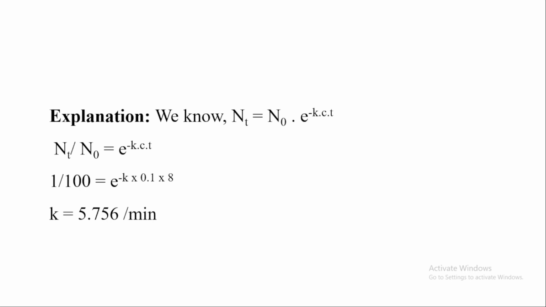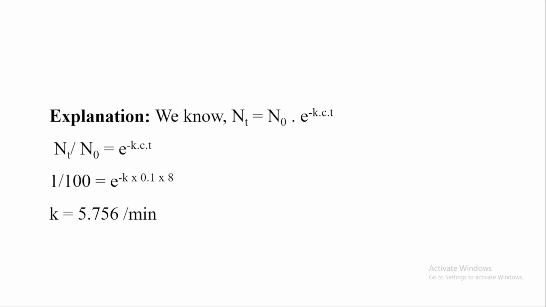Is there any doubt? So e raised to the power of minus k into 0.1 into 8. 8 into 0.1 will be 0.8, so minus 0.8 k will be equal to natural log of 1 upon 100, and then we will solve it, and you will get the value of k to be 5.756 per minute.